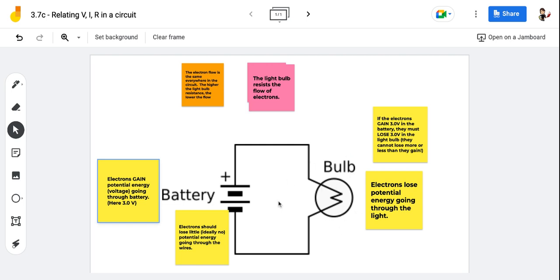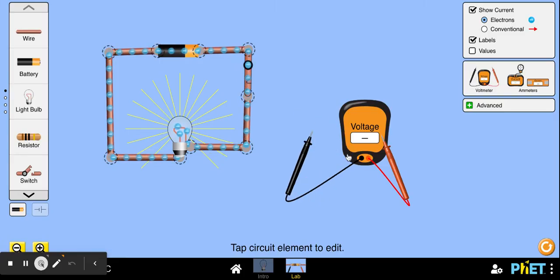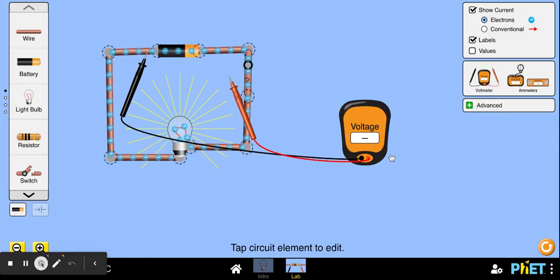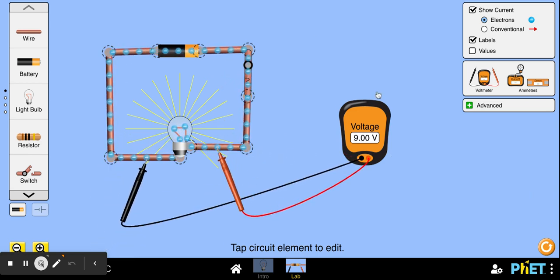Here I just have one, so I'm just losing all 3 volts in this diagram. It's 3 volts at the load. In my simulation, I gained 9 volts and lost 9 volts. So they're not just losing a little bit and then getting another boost. They have to lose everything before they go back to the battery.